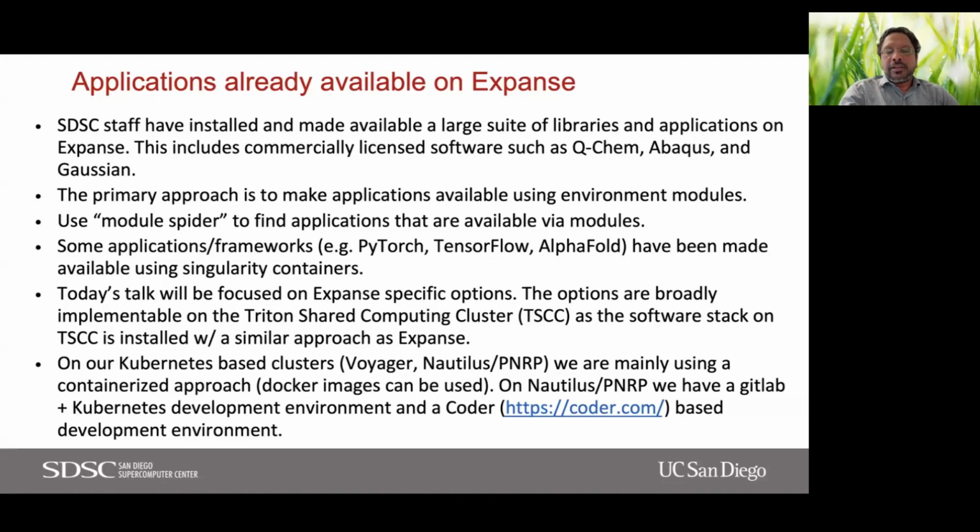But we do run a few Kubernetes-based clusters at SDSC, for example, Voyager and Nautilus PNRP. There, pretty much the entire environment is in a container, and you can essentially use Docker images. And we do have an environment to build those images if needed, but essentially the approach on an on-prem cluster like Expanse will be very different from a Kubernetes setup where everything is containerized. So just wanted to point that out.